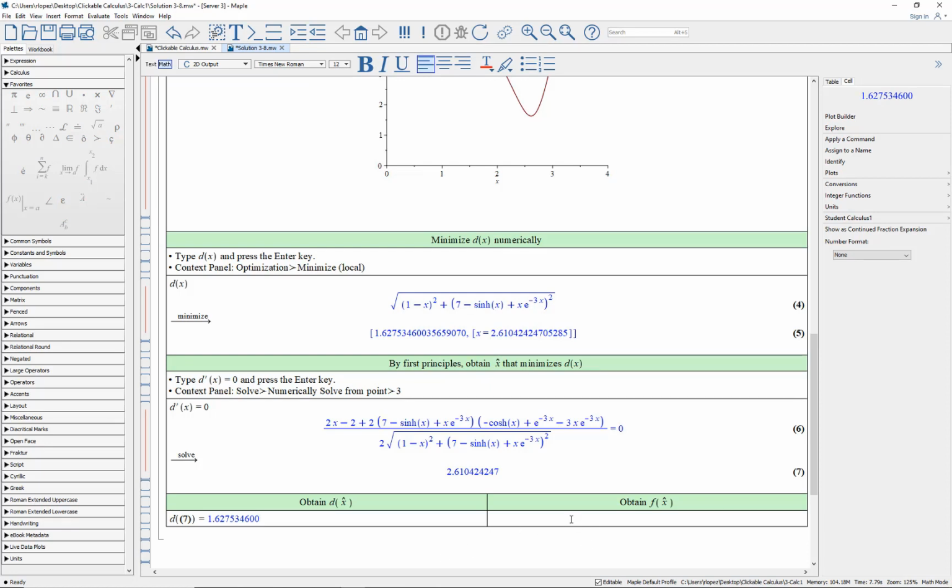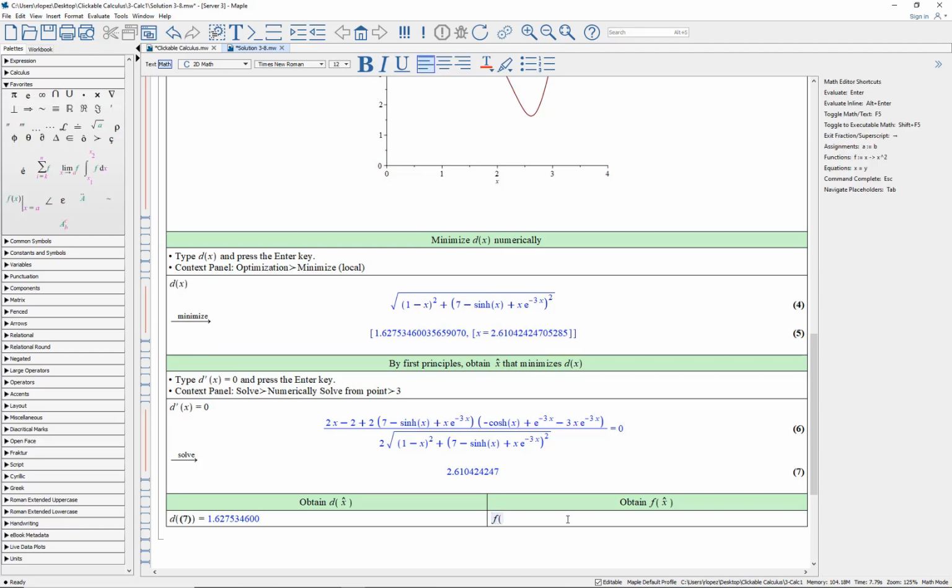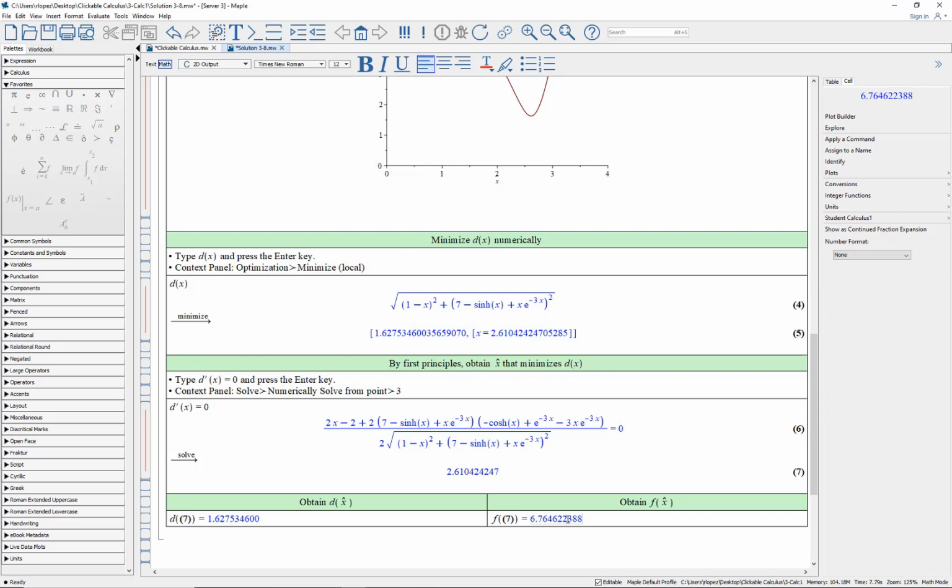If you want to know the y coordinate, you need f of that number, that x, Control L7, and the y coordinate is 6.76.